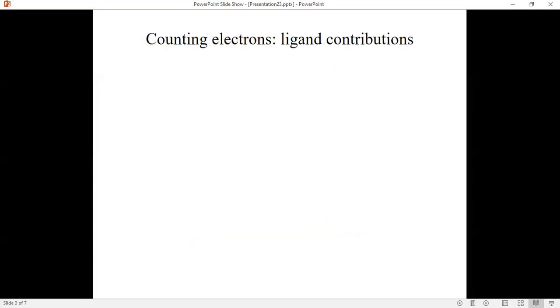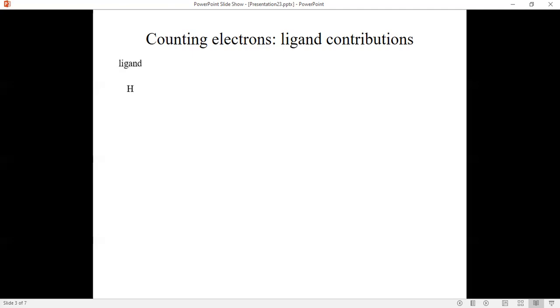Okay, now let us practice this a little bit. Oftentimes the most complicated step is to determine how many electrons the ligands contribute. So let us practice this together for a number of different ligands.